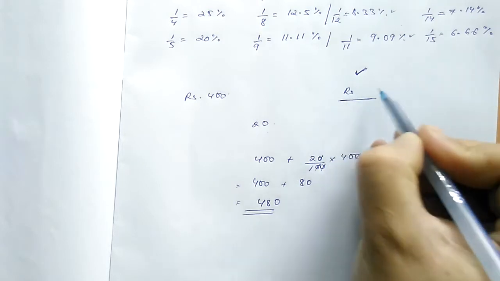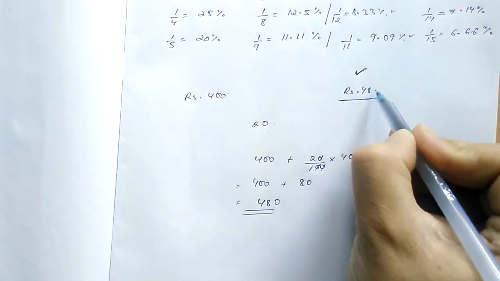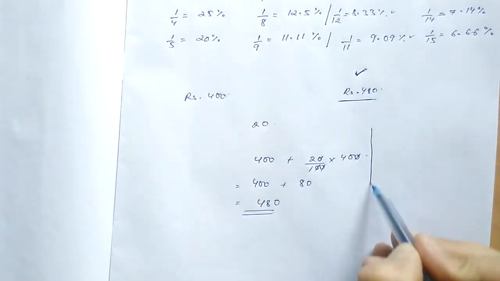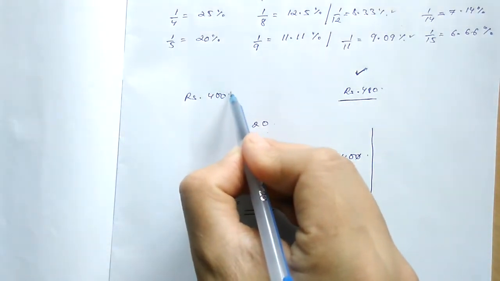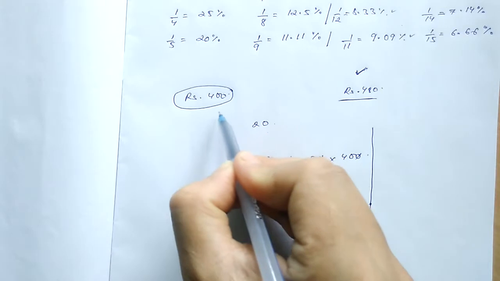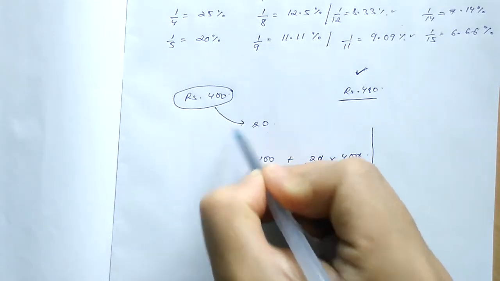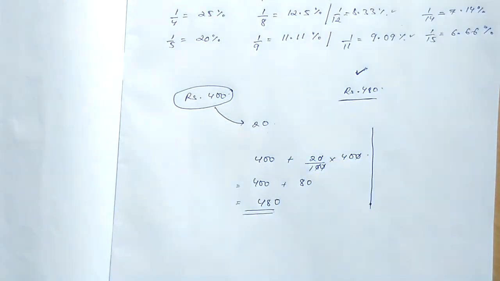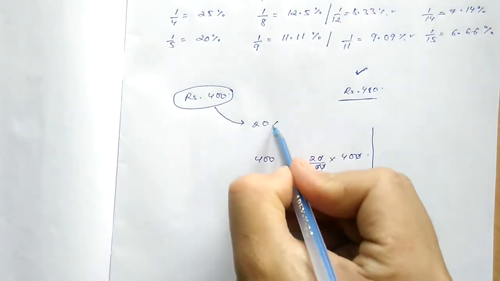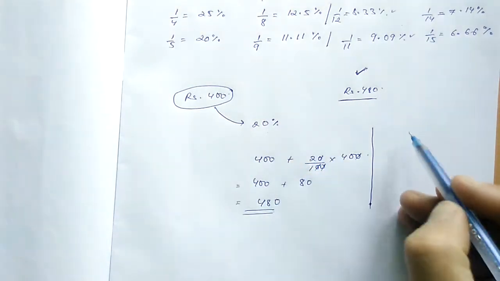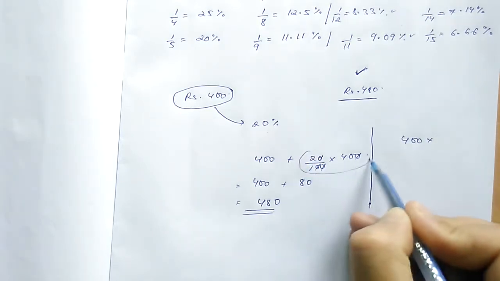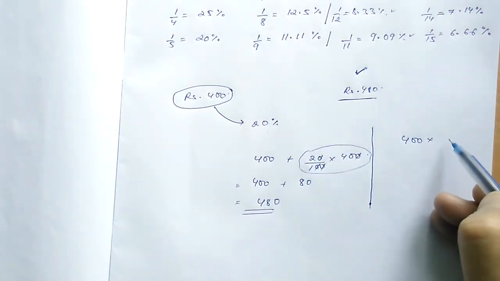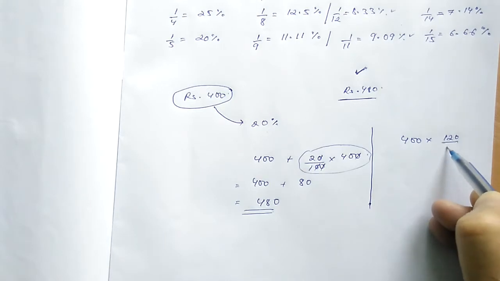So they do it in this way, but there is a quicker approach to this type of solution. I have 400 rupees in my pocket, and my money is being raised by 20%. So I write 400, and instead of writing all of this, I directly write 120 by 100.